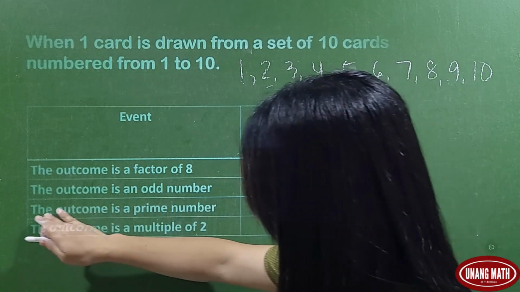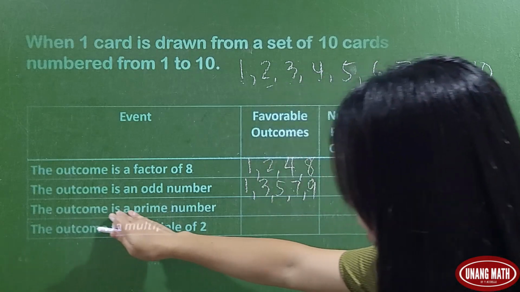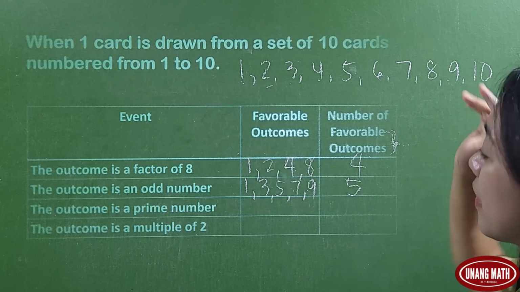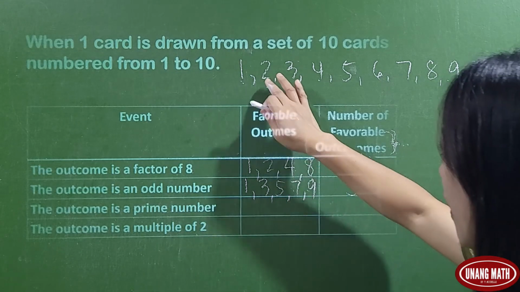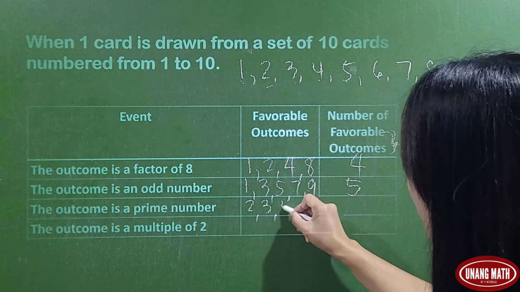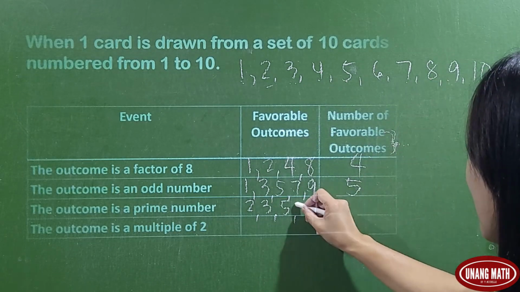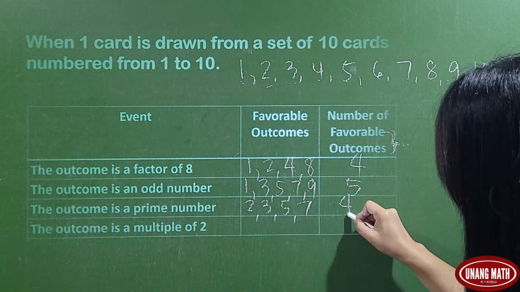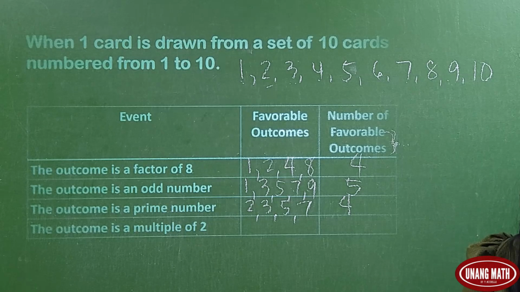Okay, moving on to the third event: the outcome is a prime number. From this set of 10 cards, prime numbers are 2, 3, 5, and 7. So there are 4 favorable outcomes.